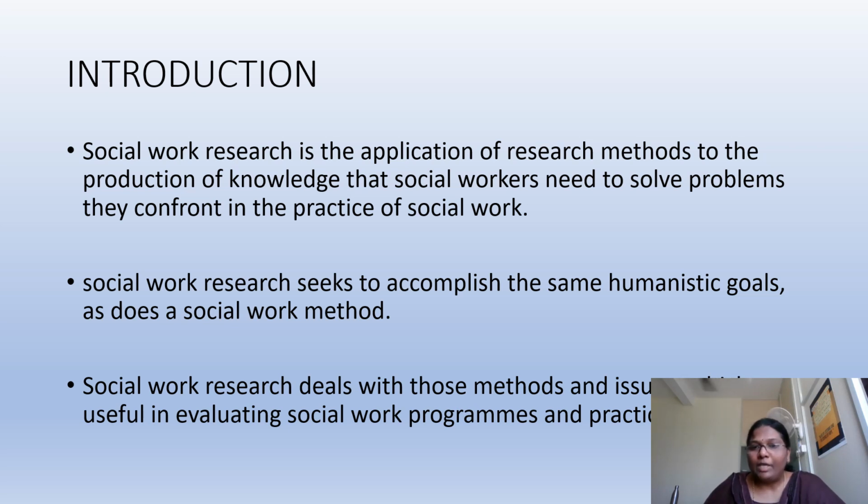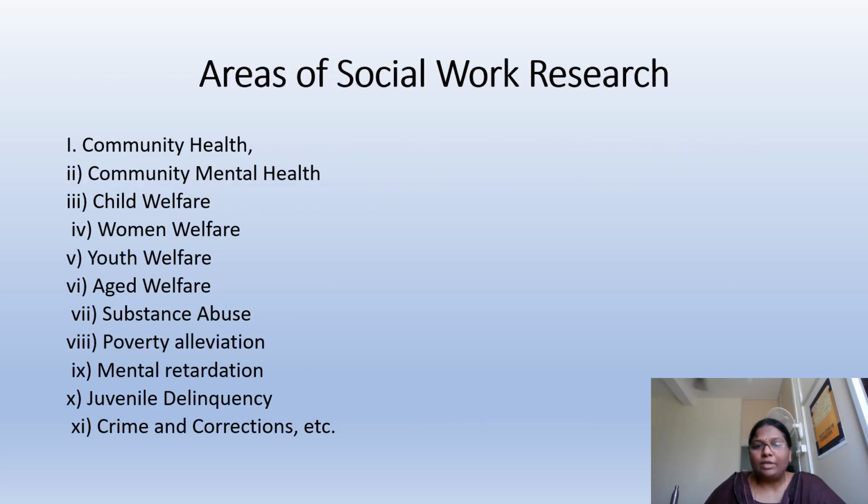We are aiming at providing solutions to all such things, and social work research seeks to accomplish the same humanistic goals, like any social work method. Social work research deals with and provides solutions to existing social problems in our society, in the community, in the family or in a nation as a whole.